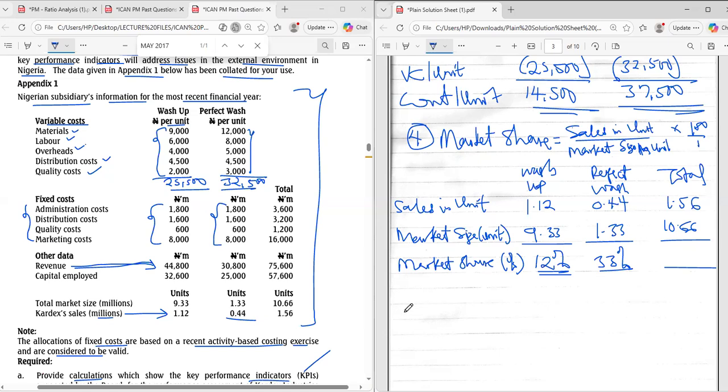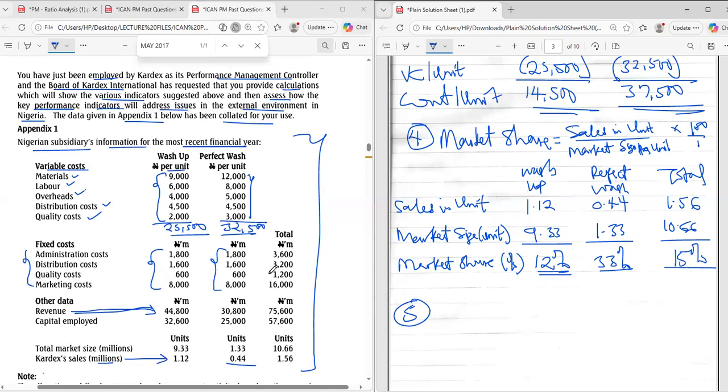Okay, number 5. 14.6, that's 15%. Okay, that's clear. What's the next one, please?